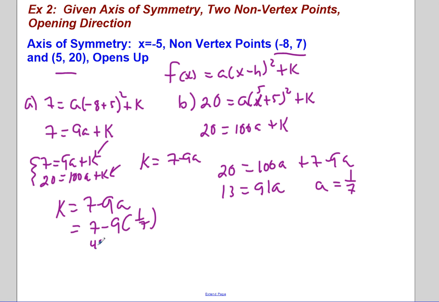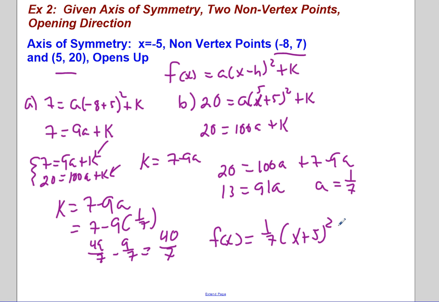So we have 49/7 minus 9/7 is equal to 40/7. Let's go back. We have our a, we have our k, we have our vertex, so we can write our equation. f of x is equal to 1/7 times (x plus 5) squared plus 40/7.